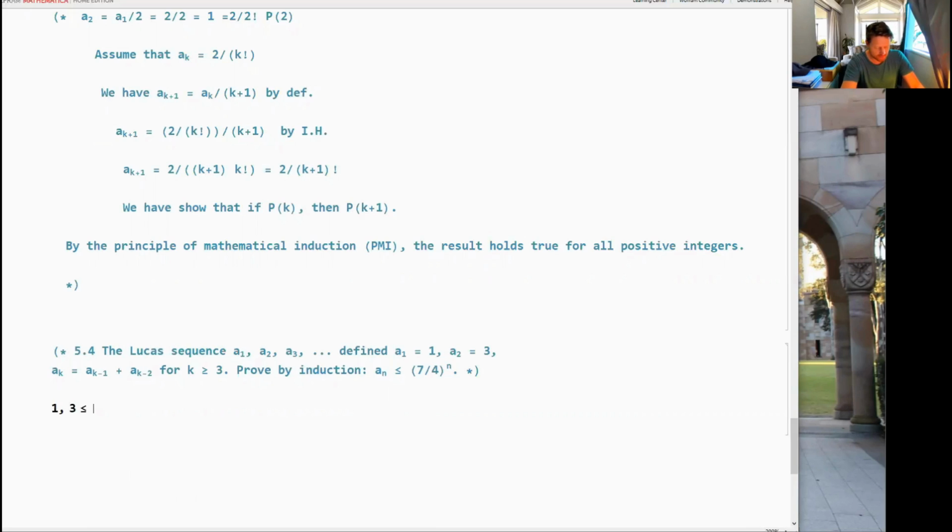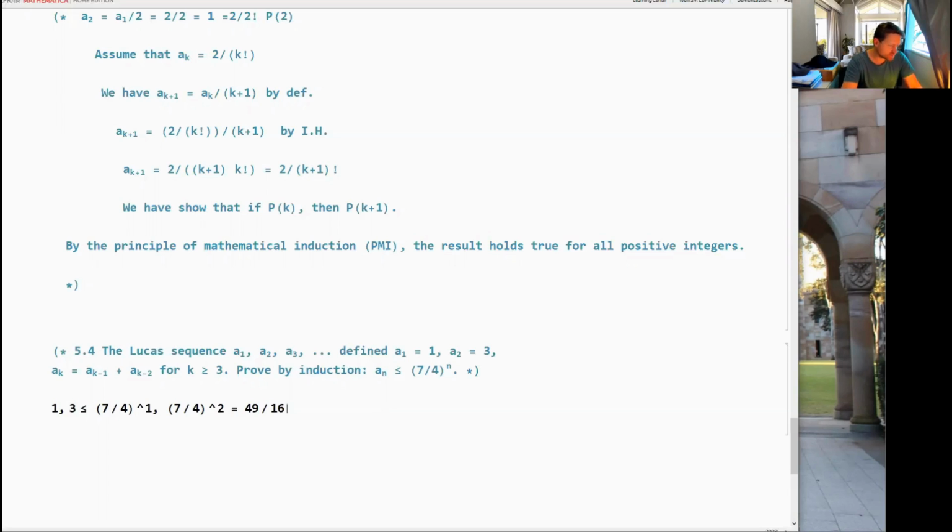or equal to, let's see, so we put 7 over 4 to the power of 1. And then the other one is 7 over 4 squared, which is equal to 49 over 16, right?